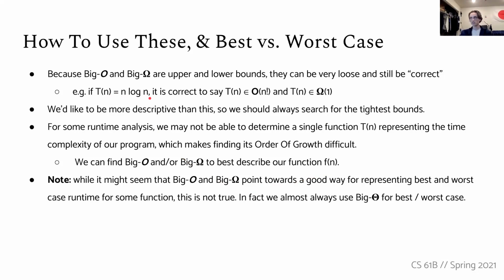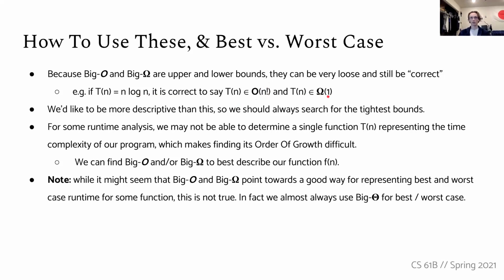Technically, we could still say t of n is in big O of n factorial, and t of n is in big omega of 1. And that's because this function n log n is technically upper bounded by n factorial and lower bounded by our constant 1. However, this isn't the tightest bound.